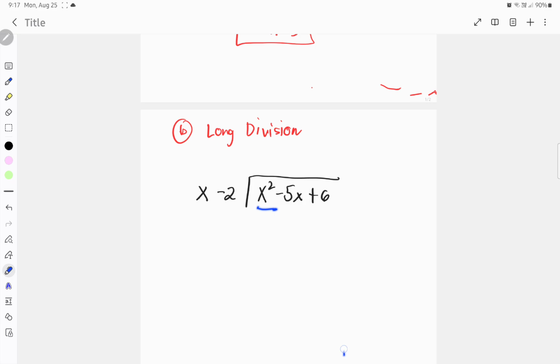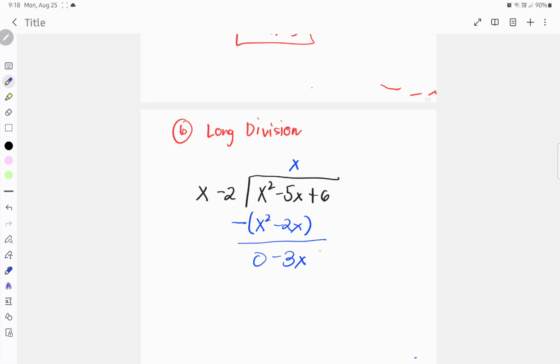So, you divide x squared by x. The answer would be x. Multiplying that x times x, that will be x squared. x times negative 2, negative 2x. Remember, we are subtracting this one, so the signs would be changed. So it would be x squared minus x squared, that would be 0, and then negative 3x.